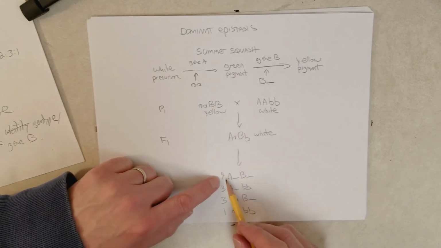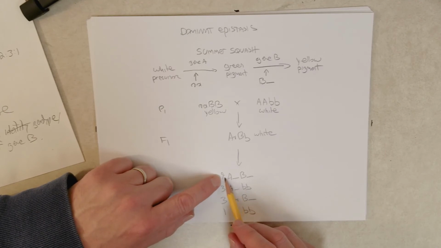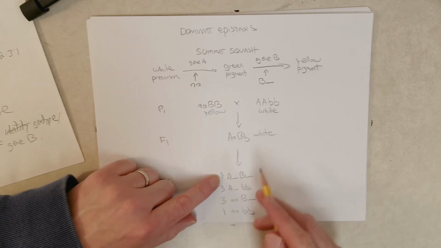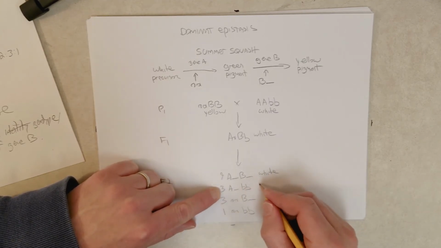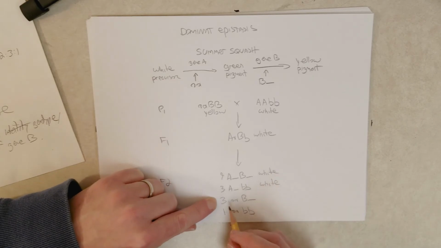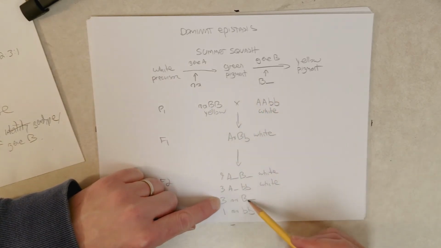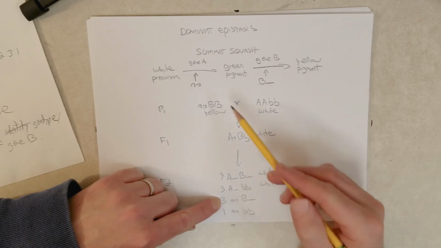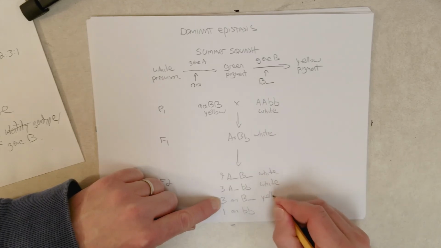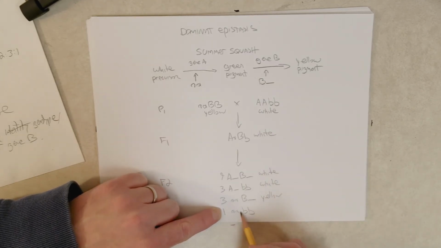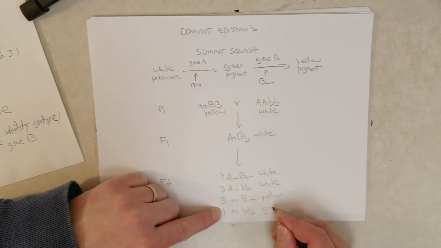Doesn't matter what's here. So 9 out of 16 of the F2s have at least 1 big A, so stuck at white. 3 of these guys, doesn't matter what's at B, they're also stuck at white. 3 little a's, okay, so these can go to green, and they have at least 1 big B, so 3 are yellow, and 1 out of the 16, they can go to green, but they can't go to yellow, so they will be green.